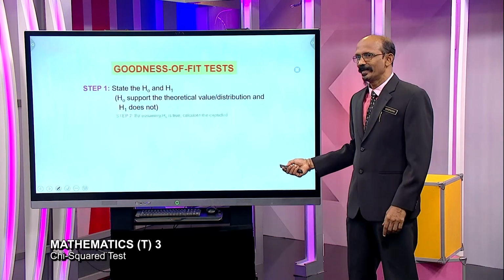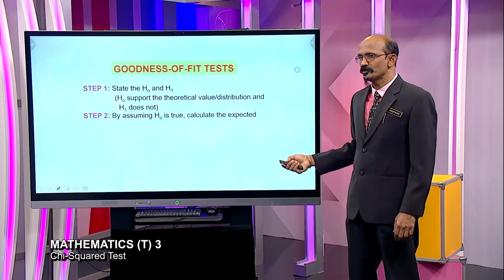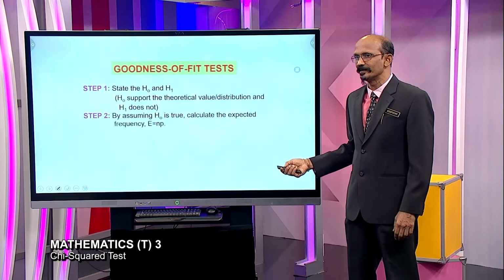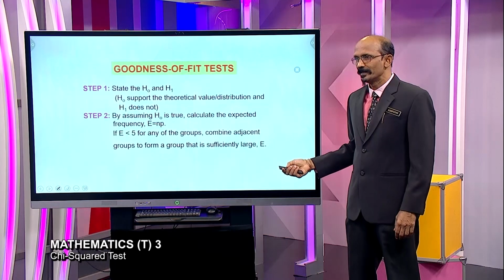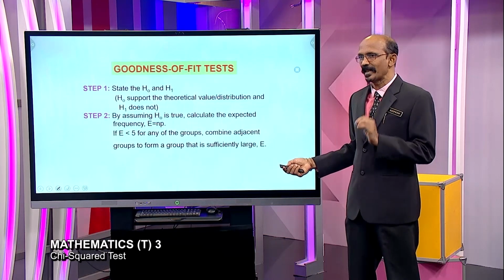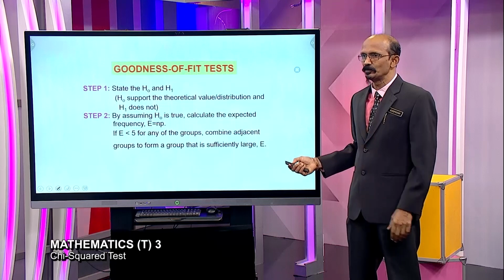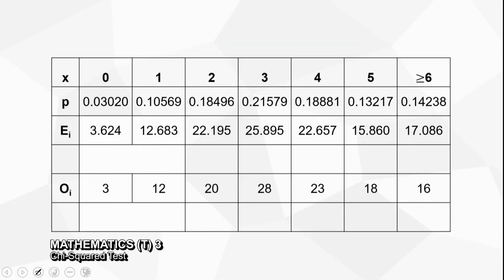Then step 2, by assuming H0 is true, we calculate the expected frequency using the formula np. If your expected frequency is less than 5, we combine the adjacent groups, as shown in the table below. In this table, the expected frequency is calculated by multiplying this by the total frequency, so you get 3.62, which is less than 5.